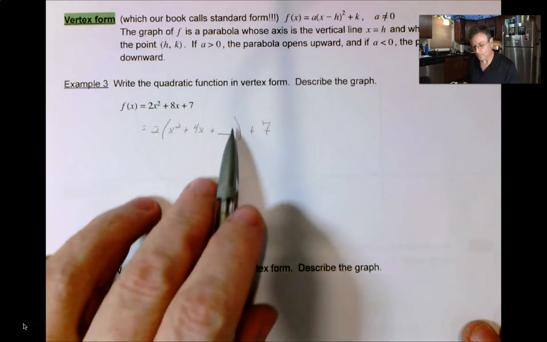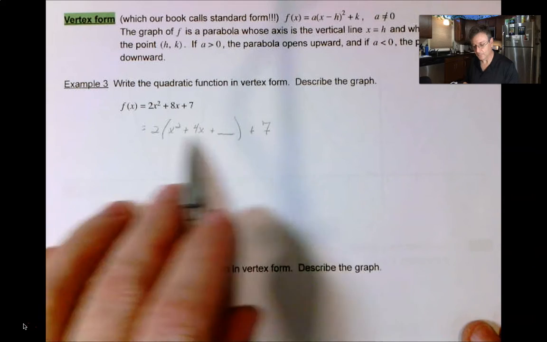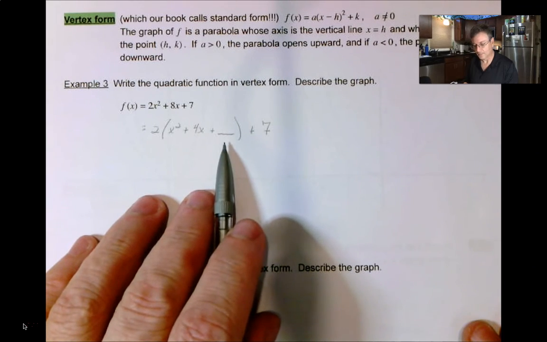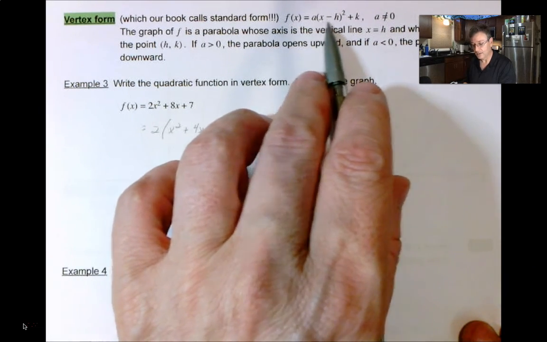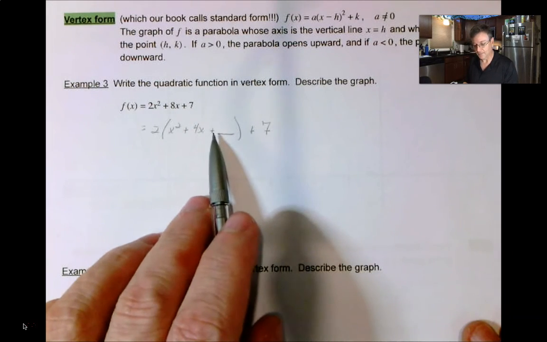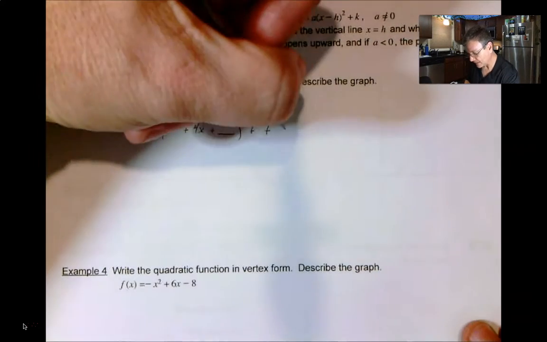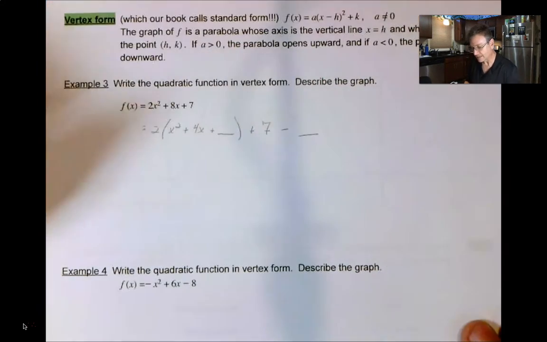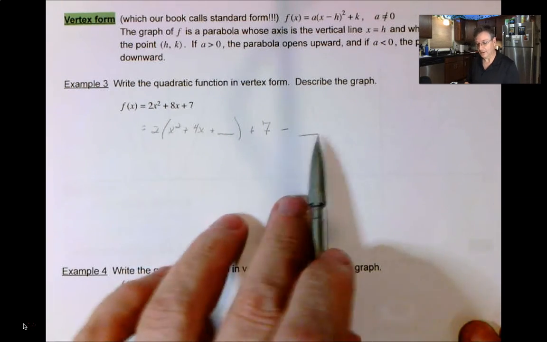We have to figure out what to put in here so that this will become a perfect square trinomial that will factor down into something like this. It might be a plus h or a minus h. If I'm adding something inside here, I'm going to have to also subtract 2 times that something out here.